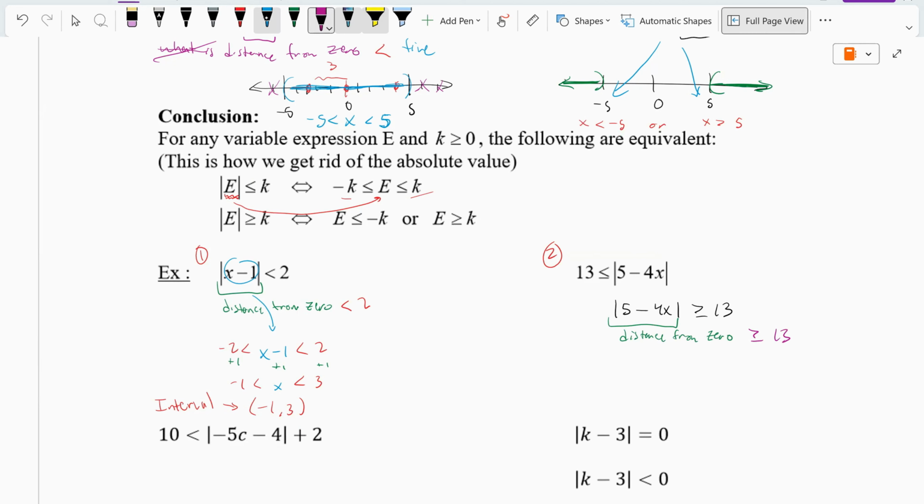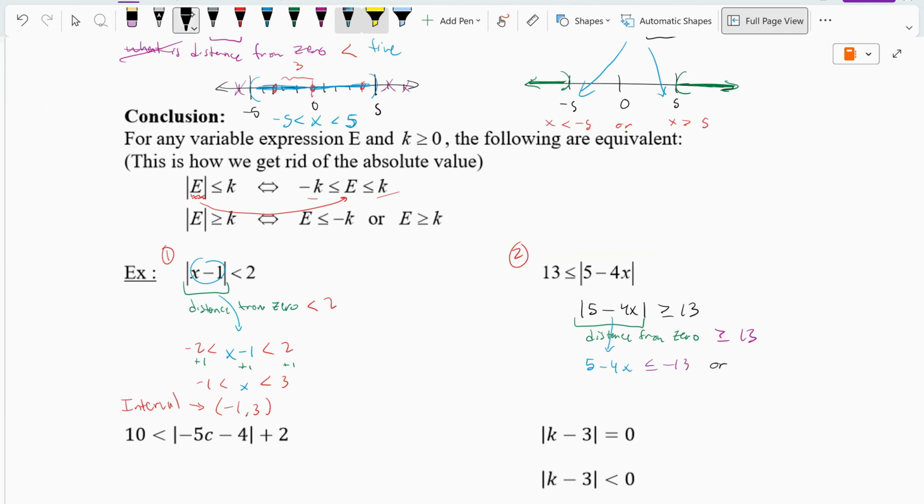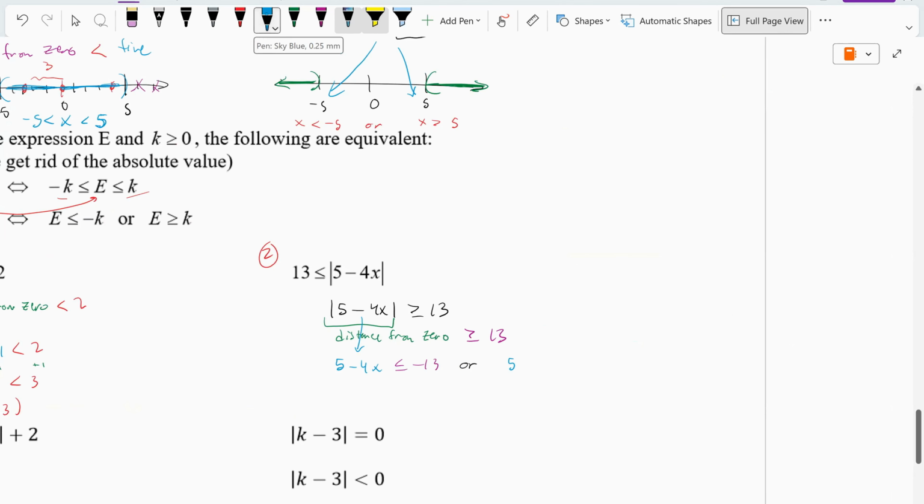So that means that whatever's inside, 5 minus 4x, is either less than or equal to -13 or what? Or far away from 0, which would mean 5 minus 4x is greater than or equal to +13. That will be further from 0. Less than 13 would be going towards 0.